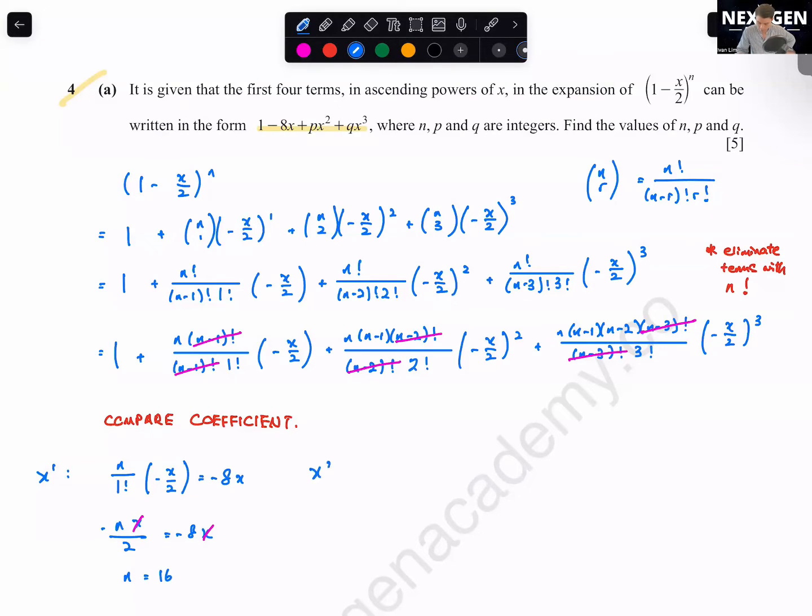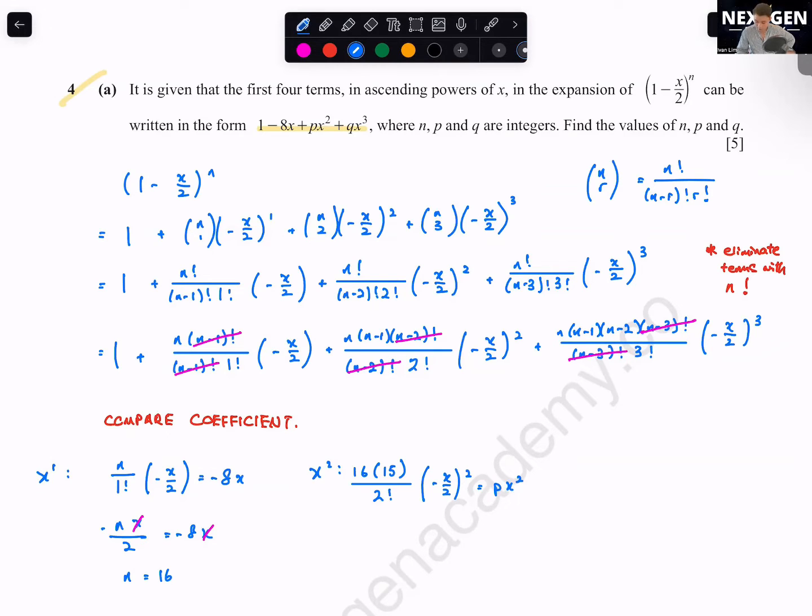Second one, x to the power of 2. You'll get 16. Wait, is it 16? Okay, because I got my n already, right? So 16 times 16 minus 1, so this one is 15, over 2 factorial minus x over 2 squared equals to px squared.